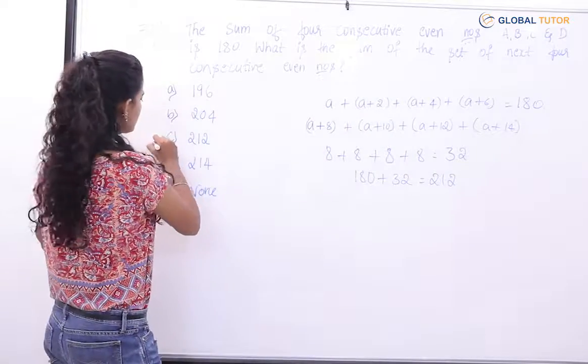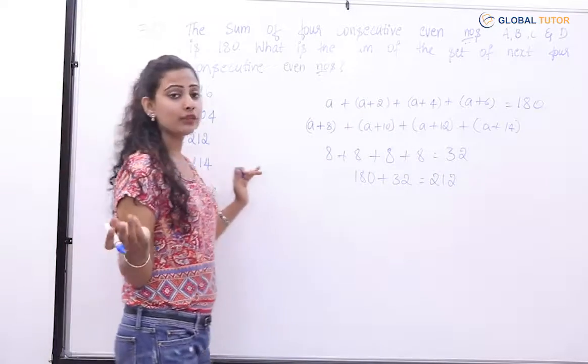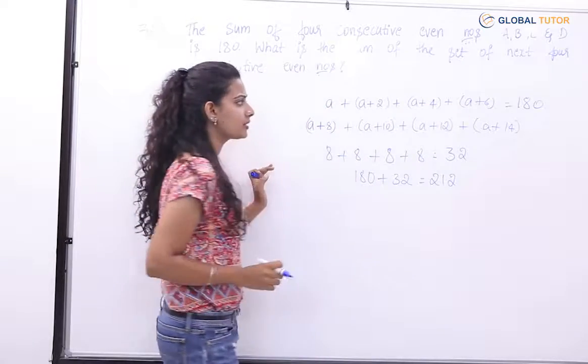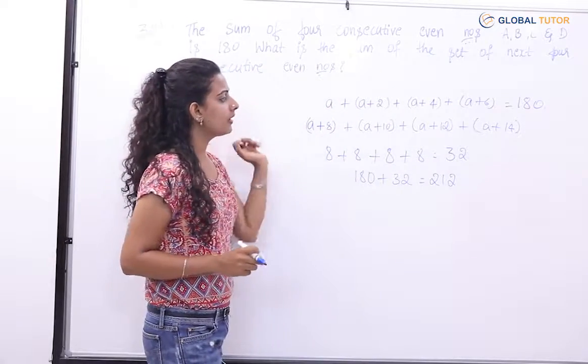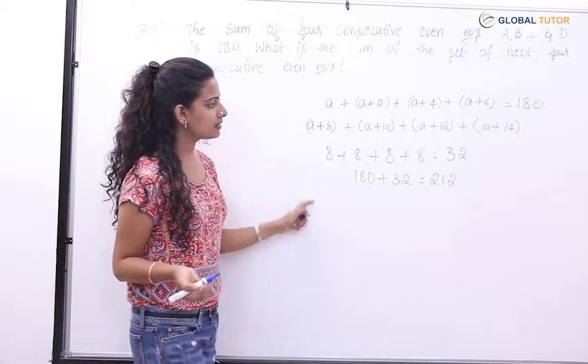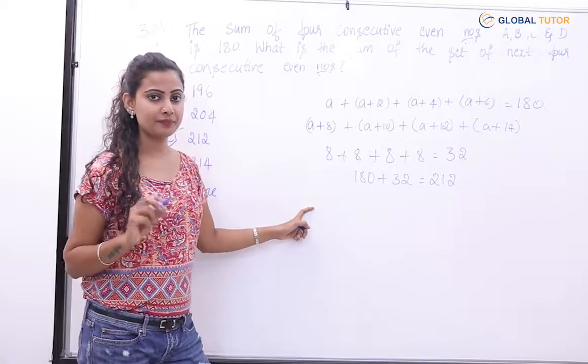So option C is the correct answer. Now if you took the A value, it's easy to find out A using this expression. However, you will waste a lot of time. So this is a better method to save your time.